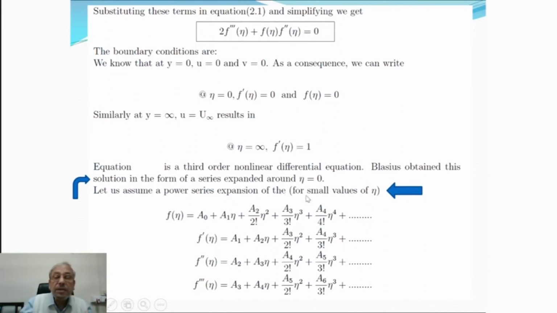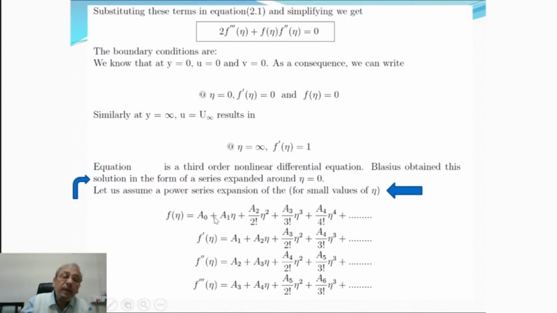Series solution means it's a power series in eta, that means for small values of eta. Blasius obtained this solution in the form of a series expanded around eta equal to 0. Let us assume a power series for small values of eta.